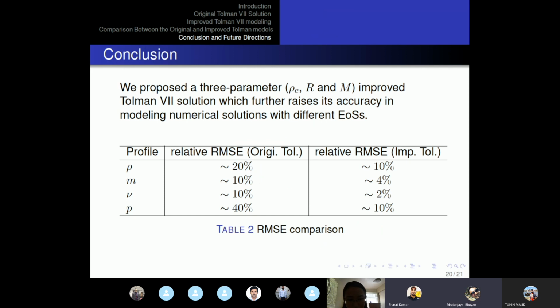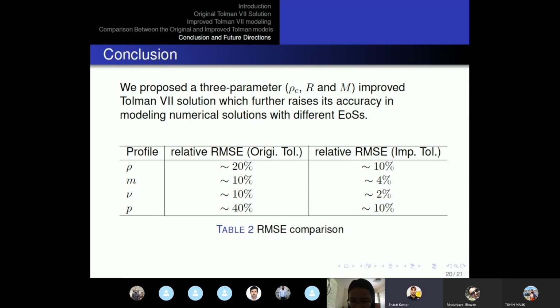After you have improved the Tolman, this percentage error is reduced to 4%, right? This means your model is better than the original Tolman. Yeah, I think it is just more accurate in modeling the numerical solutions.